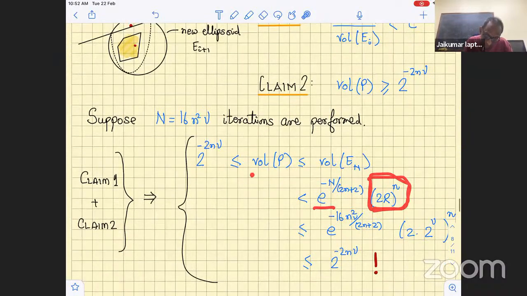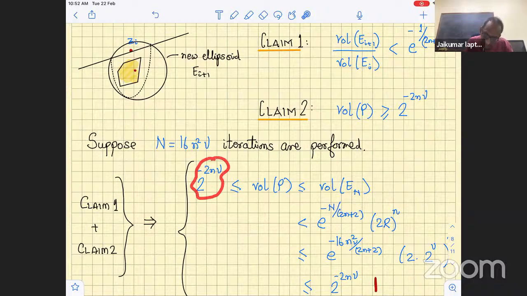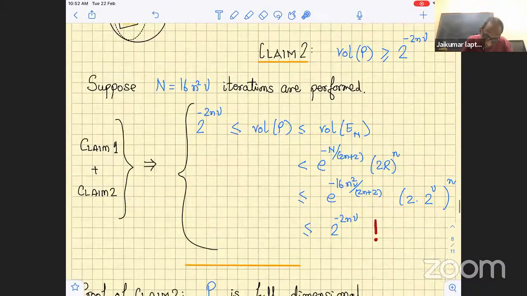But the polytope itself is always contained in all the ellipsoids, and its volume, this claim says, is at least this much. Which means, let us look at this number.